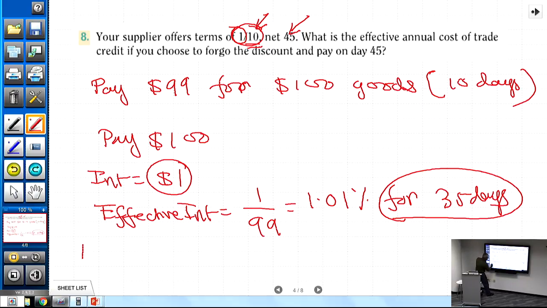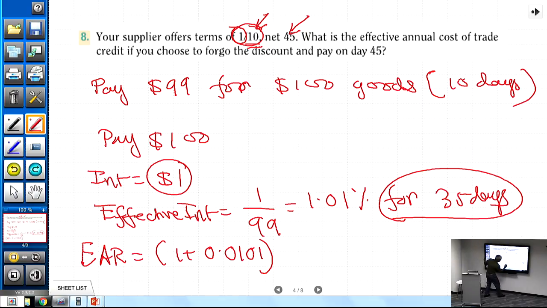So the effective annual rate would be 1 plus 0.0101, right? So 1.0101. Raise this to the power. This is 35 days, so I have to annualize it.